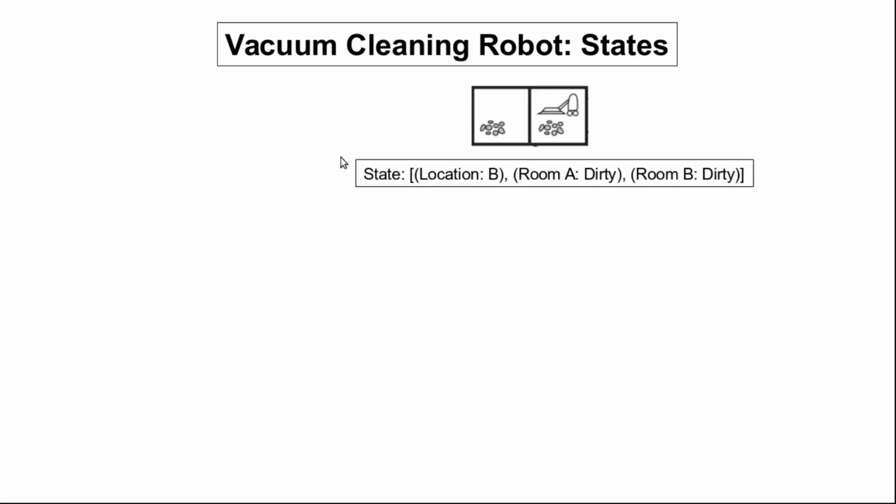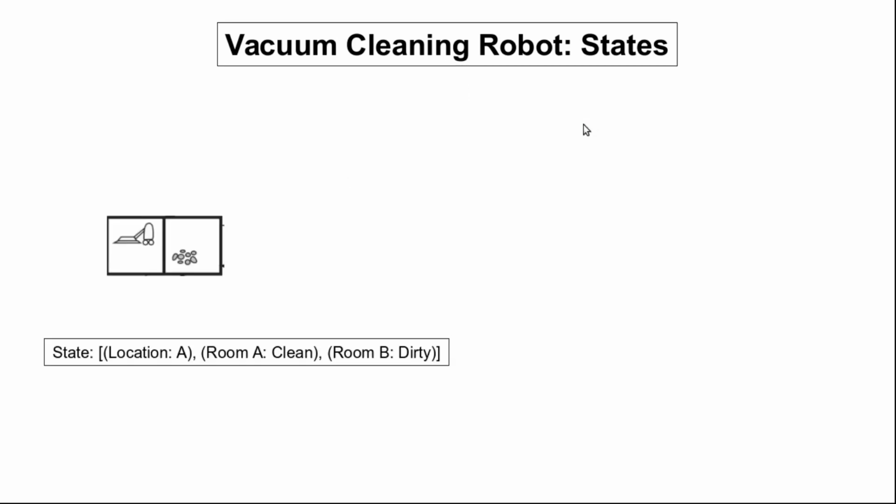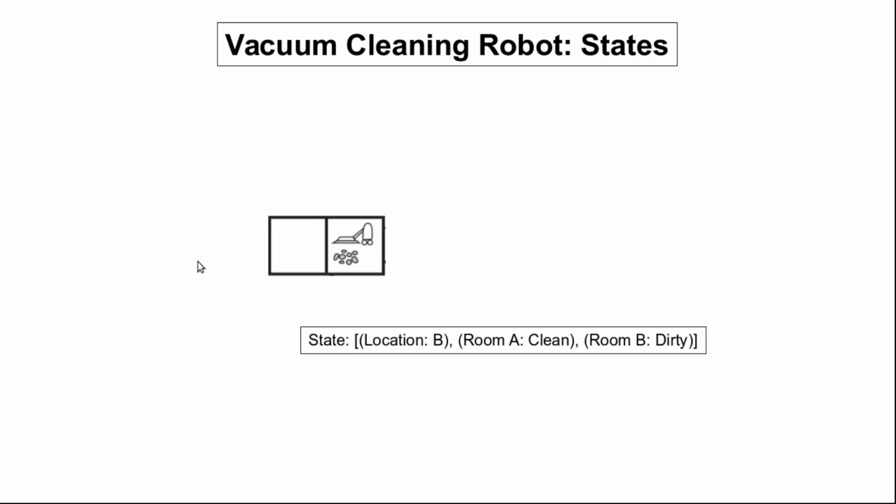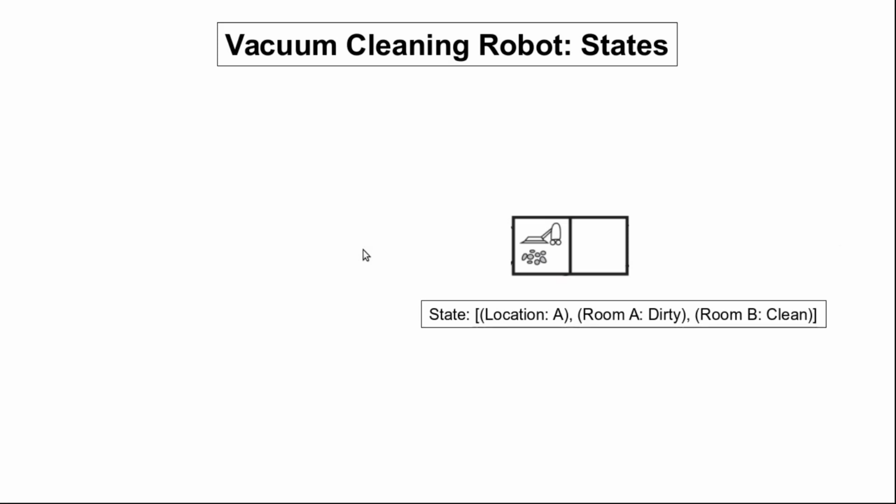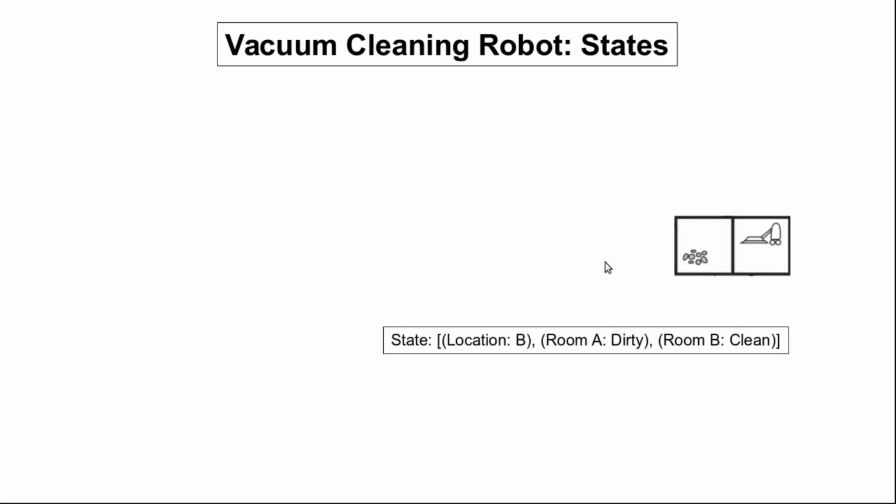The other possibility is both the rooms are dirty but the robot is in room B. Another possibility is only one of the rooms is dirty, so room B is dirty but the robot is in room A. And for the same room status where A is clean and B is dirty, we may have the robot in room B. Similarly, it may be that room A is dirty and room B is clean and the robot is in room A. And for the same room status, the robot may be in room B. So that's another state.